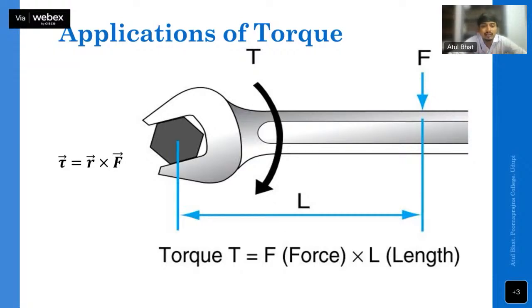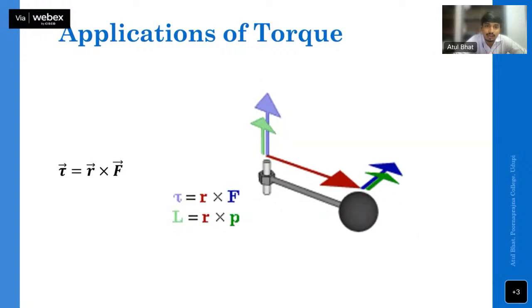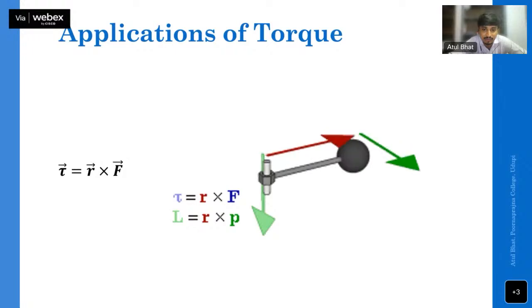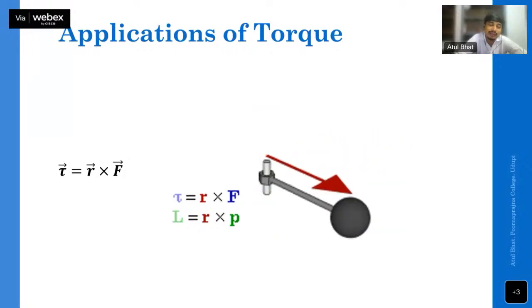So when you use a spanner, you hold it as far away from the nut as possible, which means you increase the radius. Here it's given as L. So if L becomes very large, the rotational force becomes very large. You can apply a very small force and still rotate the nut. So this is the pictorial representation of all the vectors.